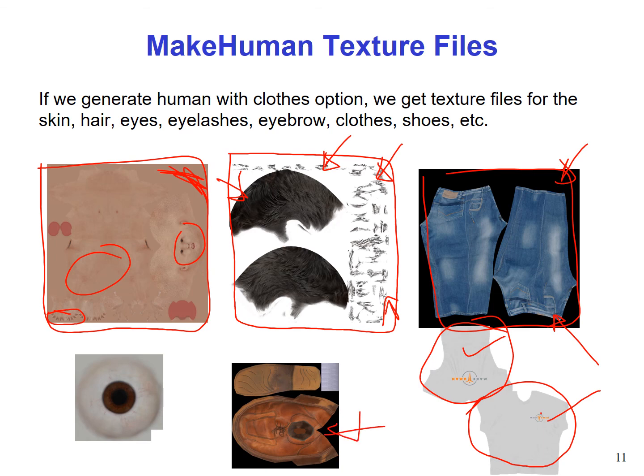The sole is kept in the same image over here, and the top of the shoe is warped open to cover the curved shape of the top of the shoe. We even have a texture map for the eyeball. So every part can have a different image, or multiple object parts can have textures taken from a single image.